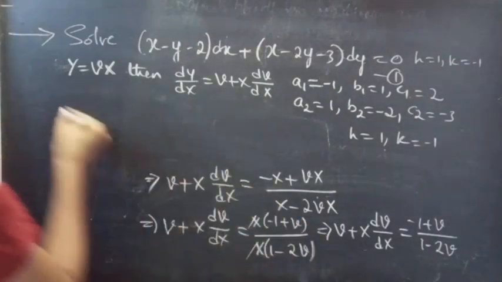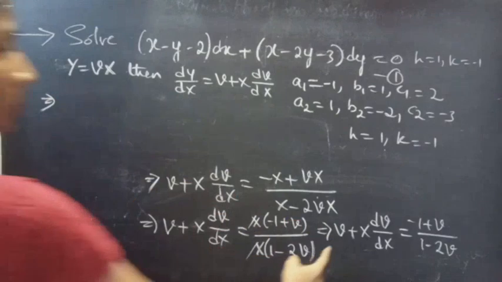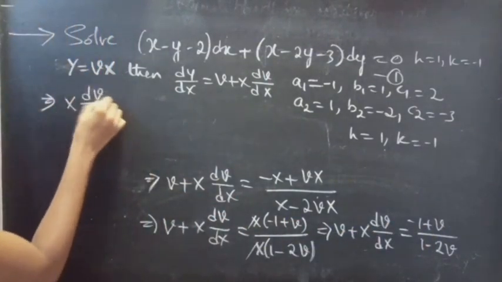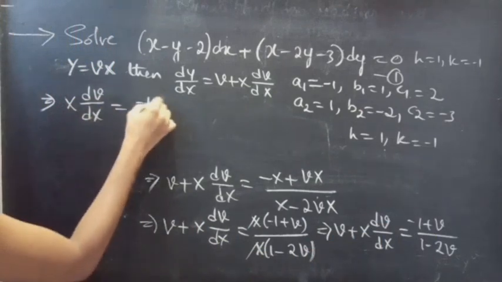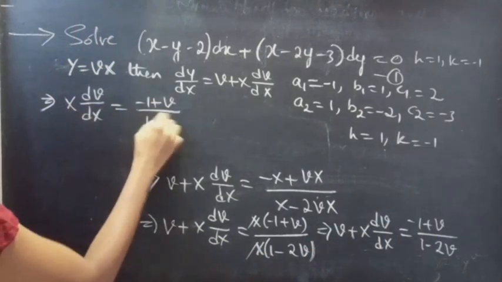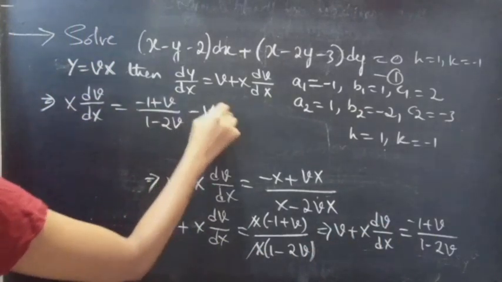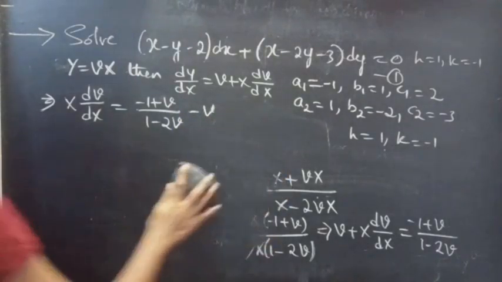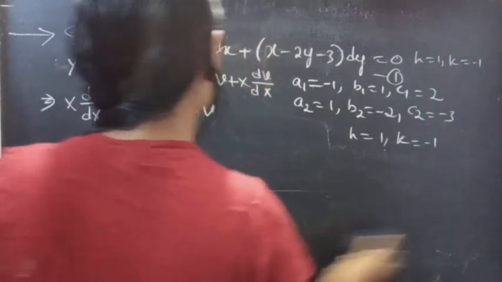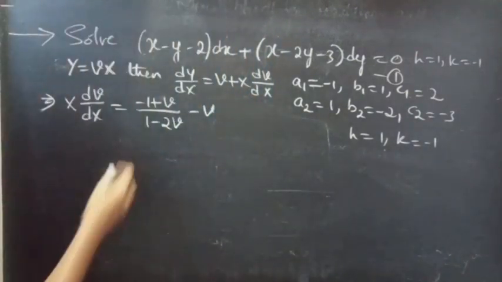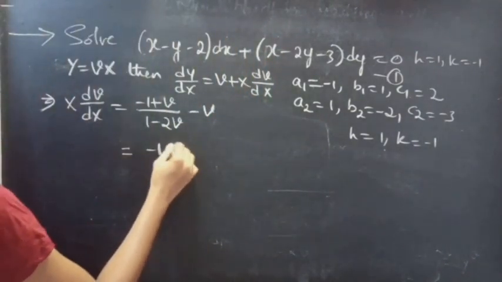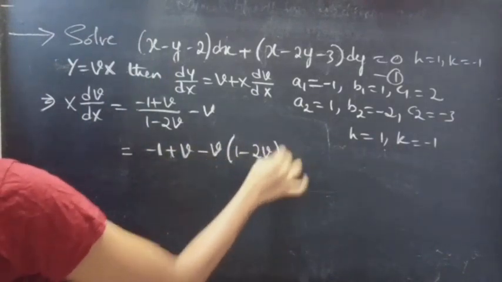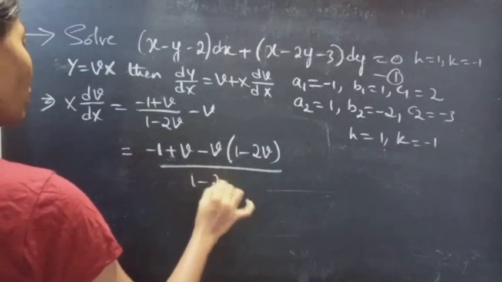Then simply take this v to the RHS, you'll get x into dv by dx equals minus 1 plus v by 1 minus 2v minus v, which equals minus 1 plus v minus v times 1 minus 2v by 1 minus 2v.